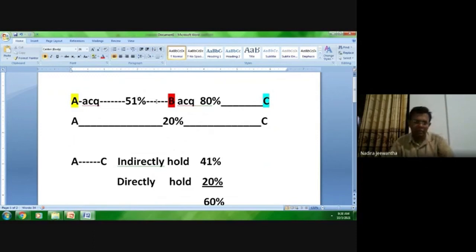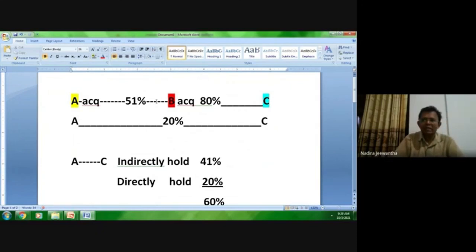But there are many things not included in the accounts, like goodwill. If you say John Keels, there is a huge goodwill, an intangible asset. So when you do the valuation of this particular B company, if A needs to acquire B, it has to be valued.